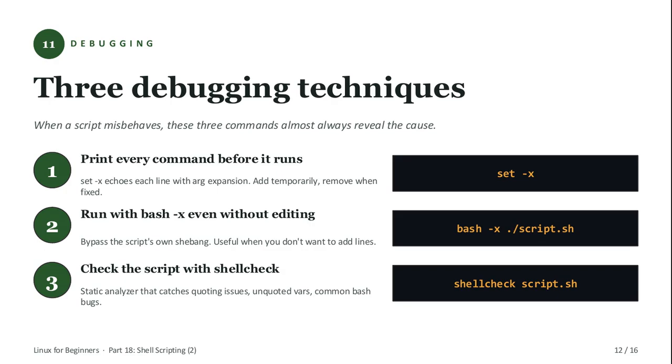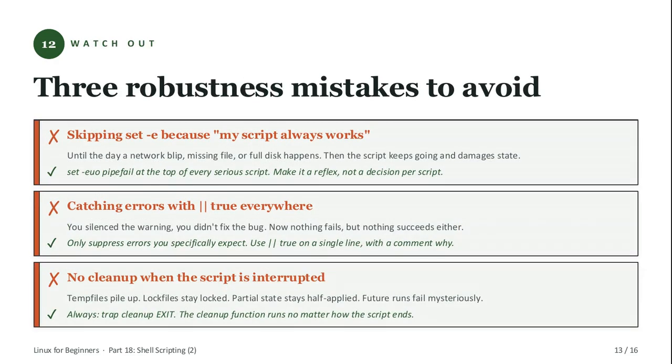Now before we move on, let's talk about three habits that quietly turn solid scripts into liabilities. First, skipping set -e because your script has always worked, until the day a network blip or a full disk proves otherwise. Make set -euo pipefail a reflex at the top of every serious script.